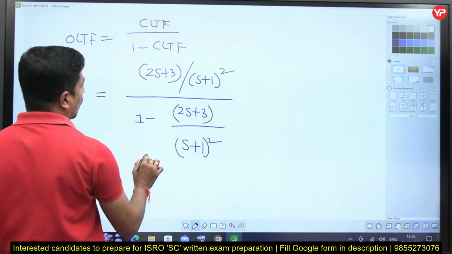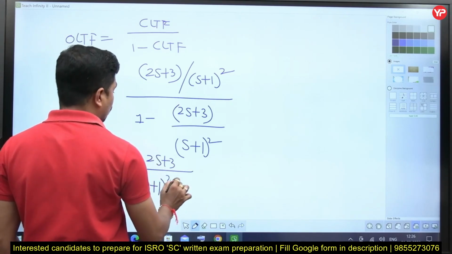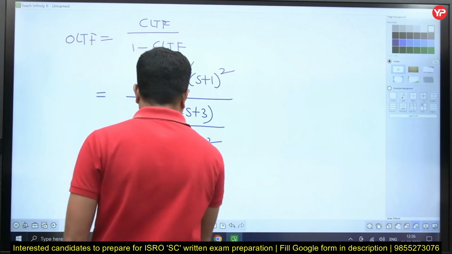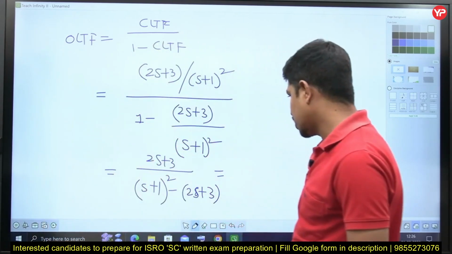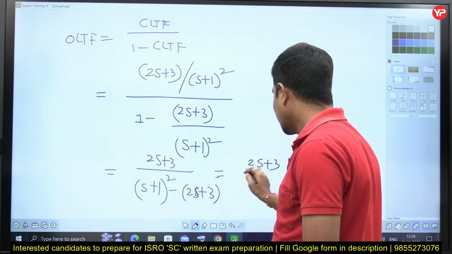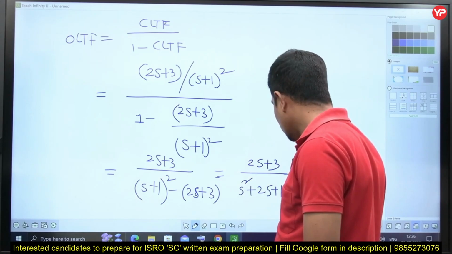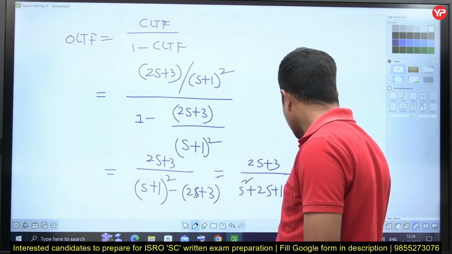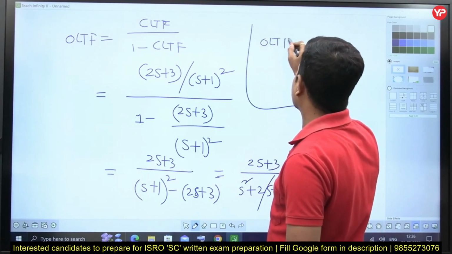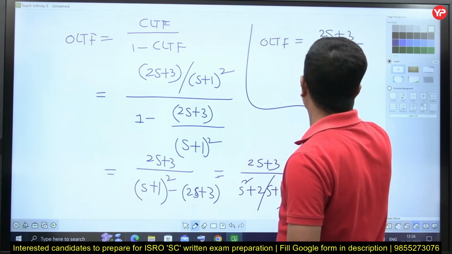If you do this, you are going to get 2s plus 3 by s plus 1 whole square minus 2s plus 3 only. I think we did not commit any calculation mistake. Yes, we did not commit any calculation mistake. 2s plus 3 by s square plus 2s plus 1 minus 2s minus 3. This 2s is gone.